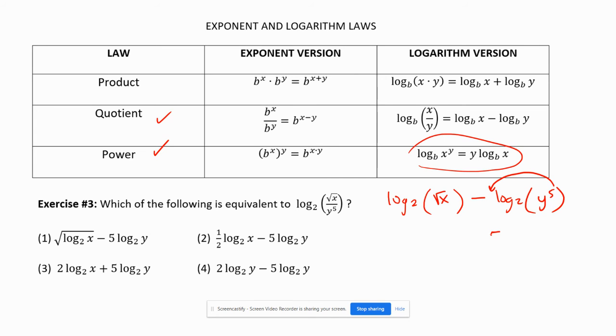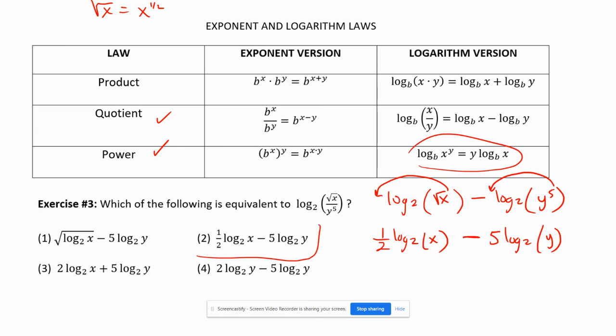So that becomes 5 log base 2 of y. And this has a power of 1/2. So we can move that power of 1/2 in the front here. And now it's just x. Remember, square root of x equals x to the 1/2. It's going to come up over and over and over. So now this expression is equal to this, 1/2 log base 2 of x minus 5 log base 2 of y.